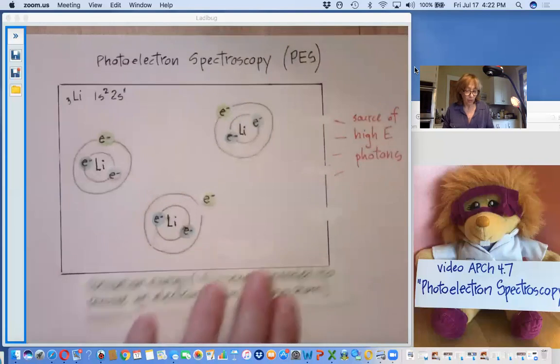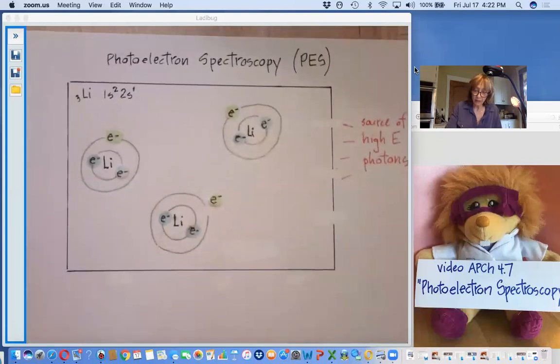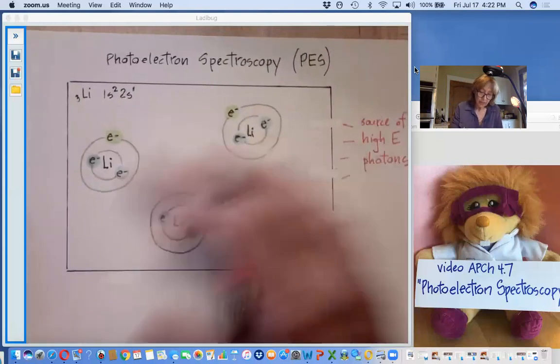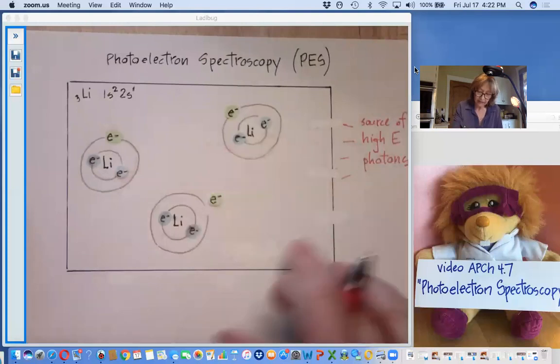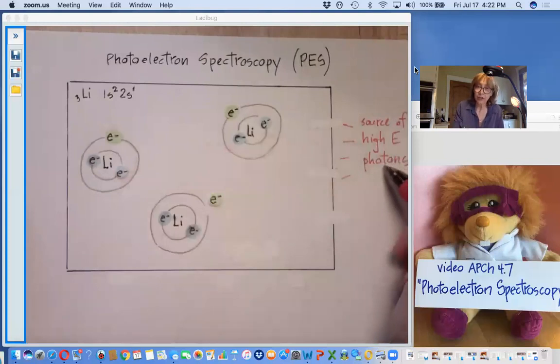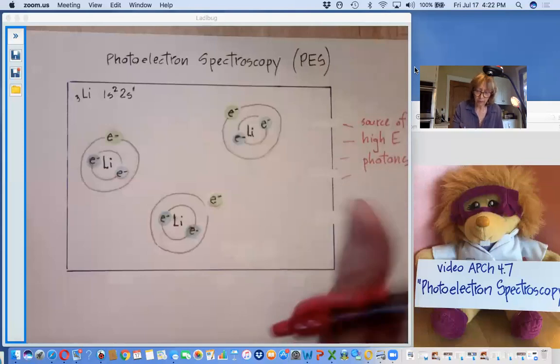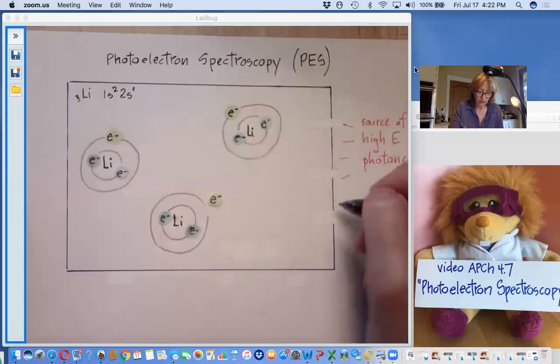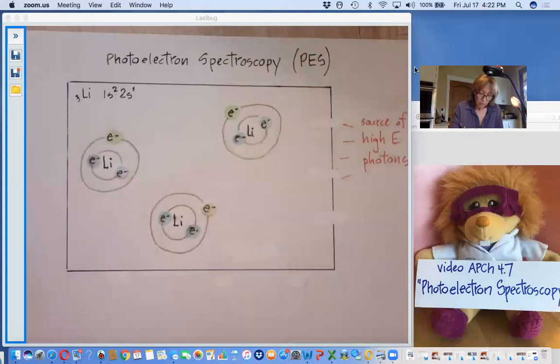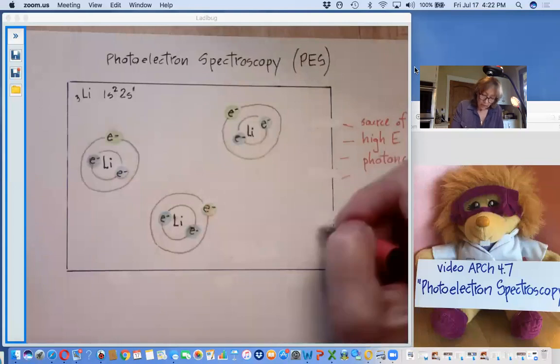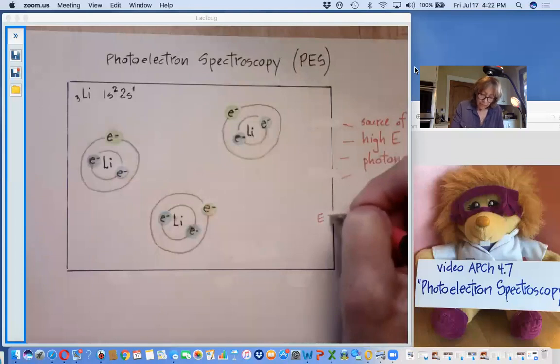So let's suppose that we have lithium in the device and our high energy photons have an energy value of 100. I'm using just real simple made up numbers for this explanation. So along comes this photon. Remember, it's not a physical particle.